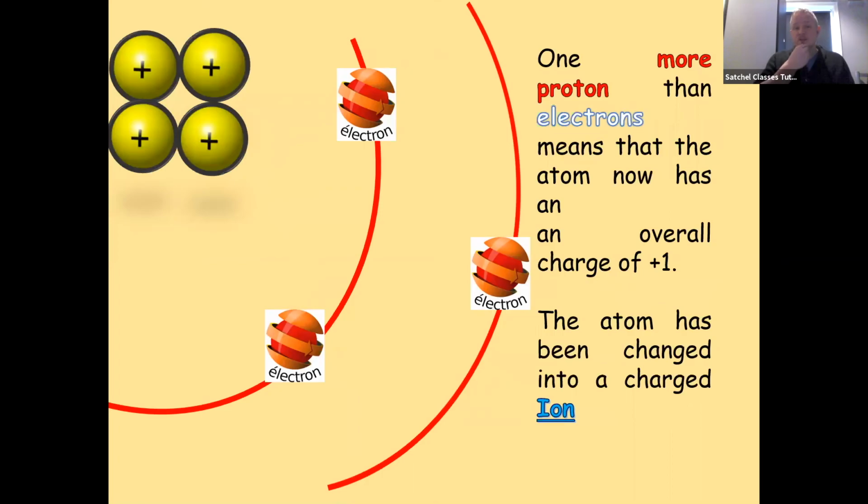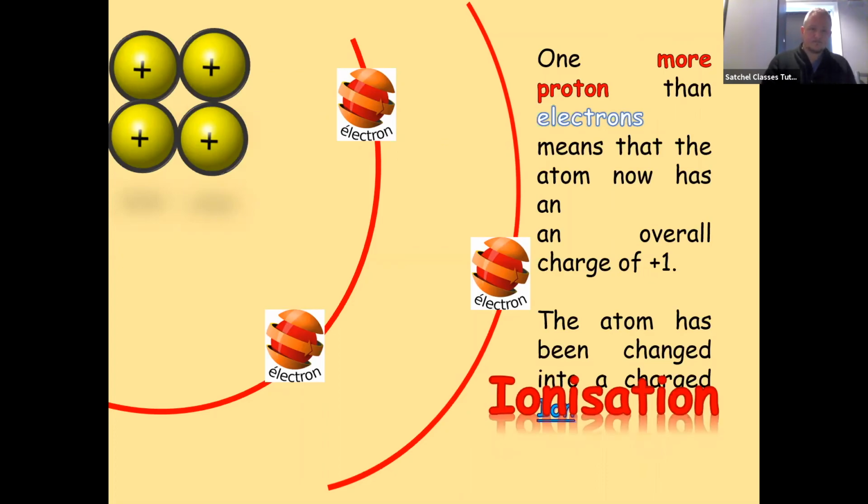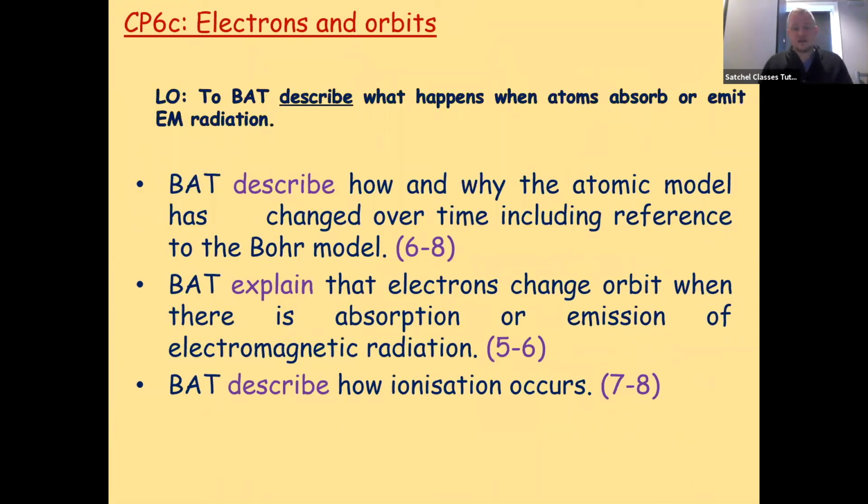One more proton in the nucleus than electrons in the shells means that now the atom has an overall charge of +1. As you can see here, we've got 4 positives and only 3 negatives left to balance it out. Because of this, the atom's been changed into a charged ion with an overall charge of +1. This then is ionization. And that answers our final outcome, describe how ionization occurs.